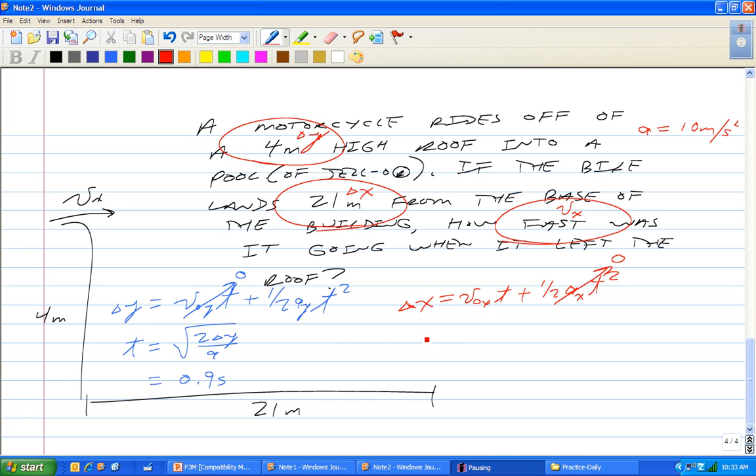So if I'm looking for the initial horizontal velocity, I know that's equal to the horizontal distance divided by the time in the air. The horizontal distance is 21 meters, the time is 0.9 seconds. Therefore, it must have been going 23 meters per second.